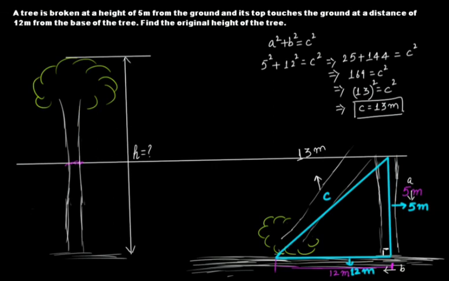So if you straighten it up, it means 5 plus 13. 5 plus 13 means what? 18. It means that if this tree is straightened up again, then this will be the height. That is, h will be 18 meter.